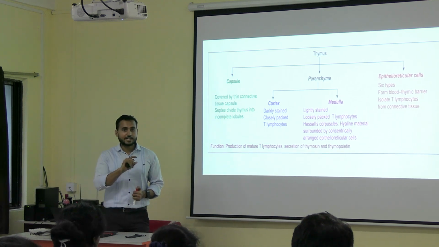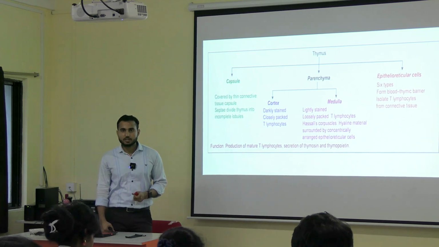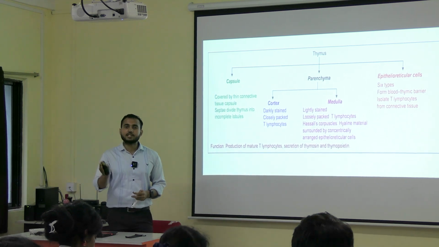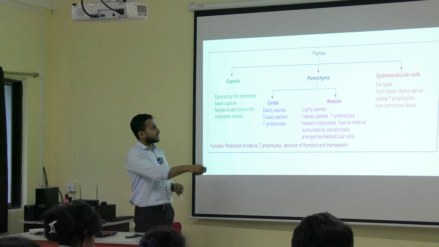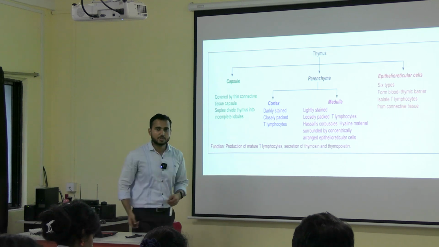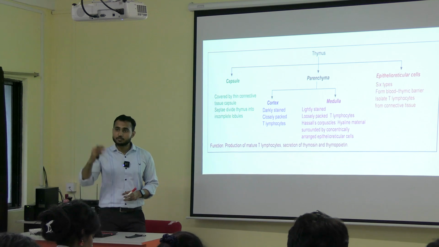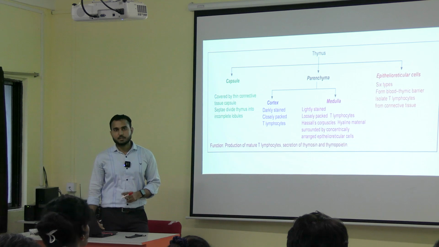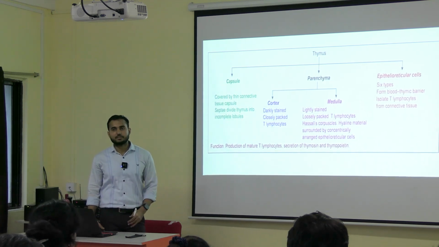They should not get exposed to any of the antigens present in the blood. That's why the barrier is present, and that barrier separates the antigens present in the blood from the T lymphocytes. So the blood thymic barrier isolates the T lymphocytes from the connective tissue, that means from the blood. That's why the blood thymic barrier is important, and in its formation, these epithelio-reticular cells are helping. That's why epithelio-reticular cells or thymus epithelial cells are very important.